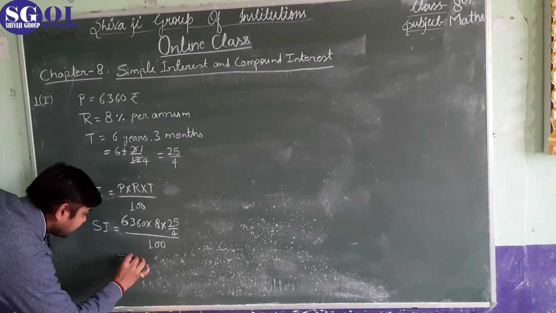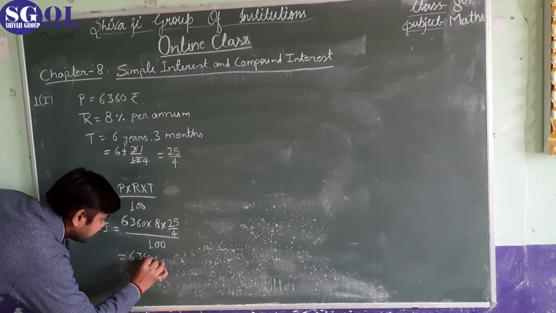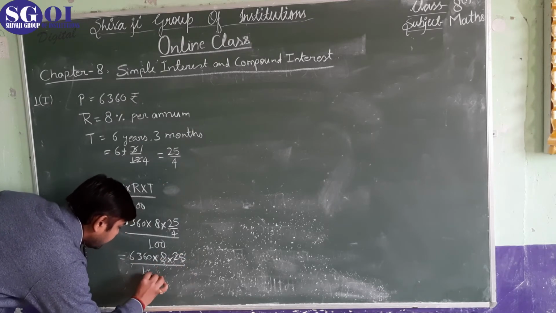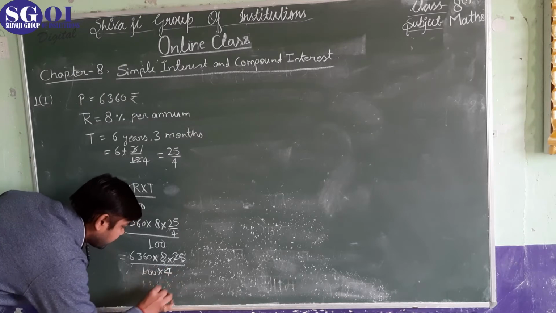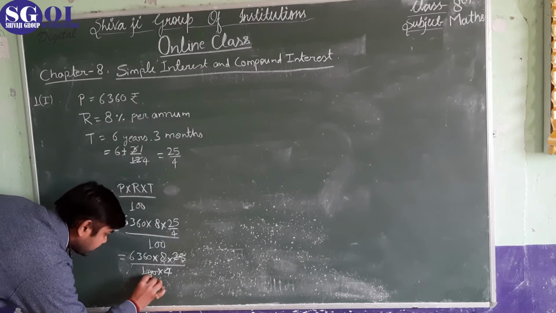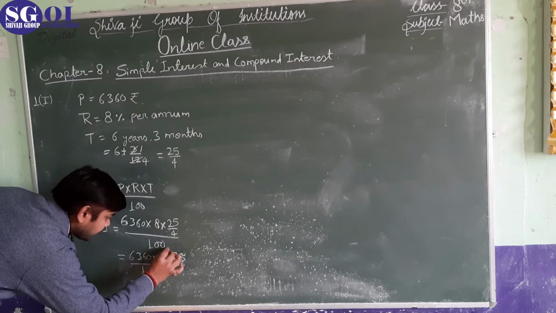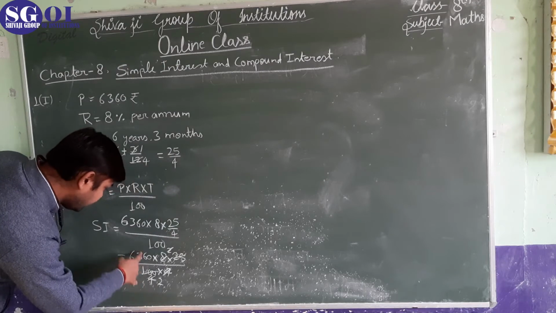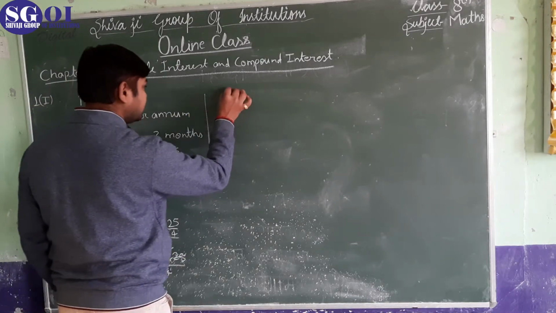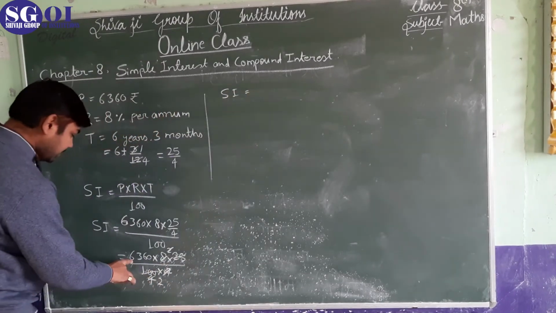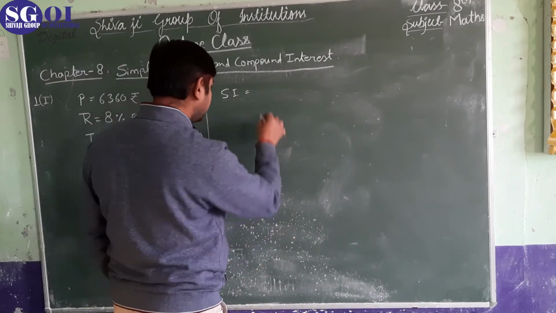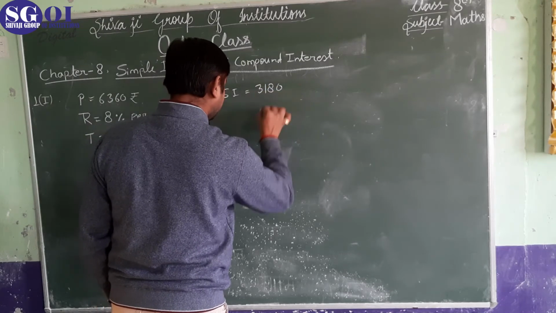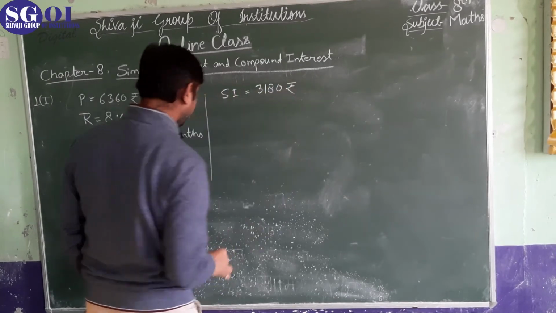Then we solve this: 6360 into 8 into 25 upon 100 into 4. 25 4s are 100, 4 2s are 8, 2 2s are 4, and then we get simple interest equal to 6360 divided by 2, which is 3180 rupees.